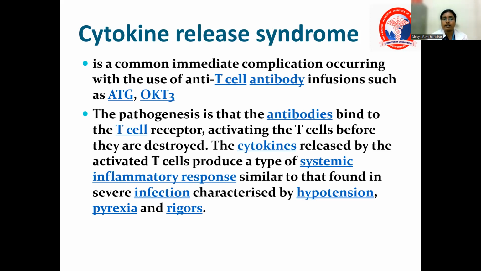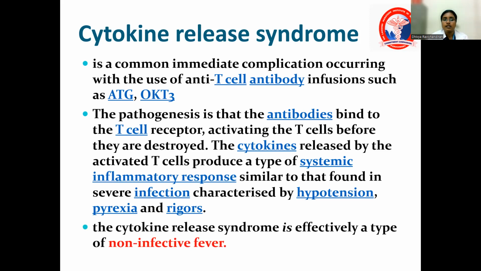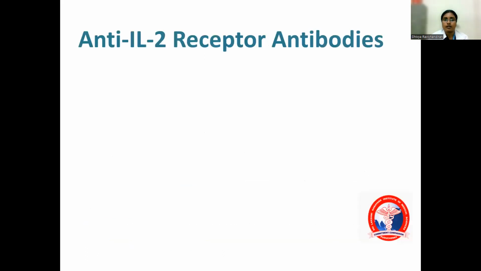Cytokines released by the activated T cells produce a type of systemic inflammatory response similar to that found in severe infection, characterized by hypotension, pyrexia, and dyspnea. Cytokine release syndrome is effectively a type of non-infective fever. That is about cytokine release syndrome, which can be prevented by giving steroids before giving the drug.